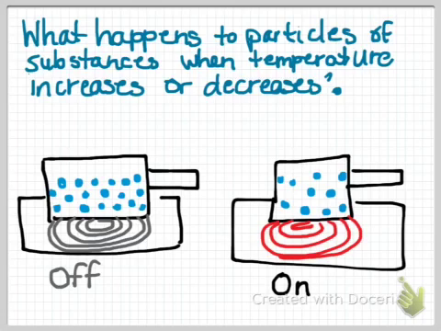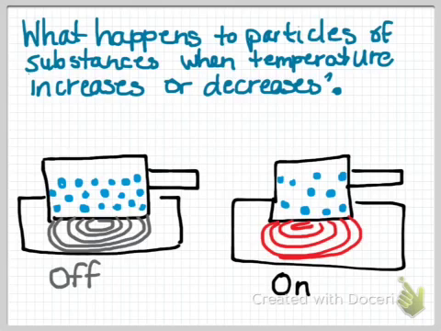What happens to the particles of substances when the temperature increases or decreases? Well, here are 2 pots of water, one of which is on a stove with the element being off, and the other one is on a stove with the element being on.